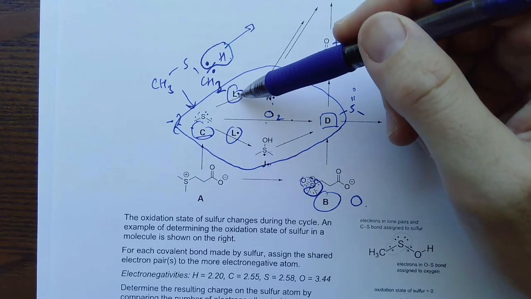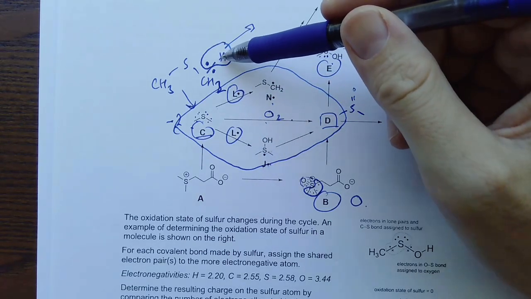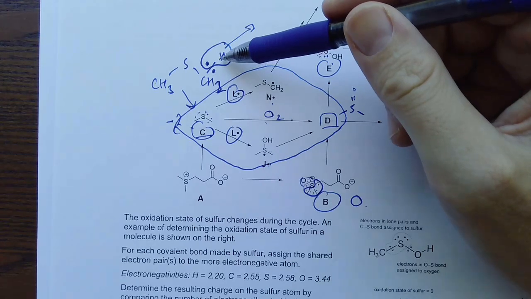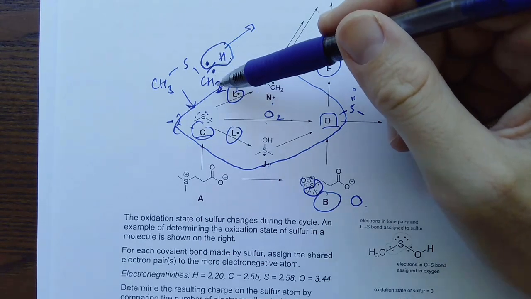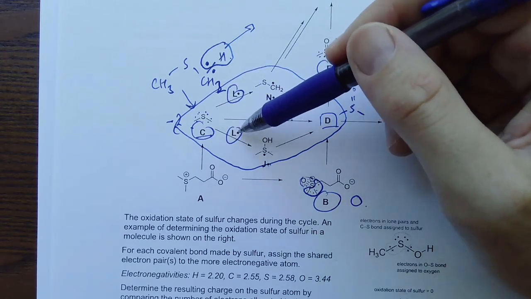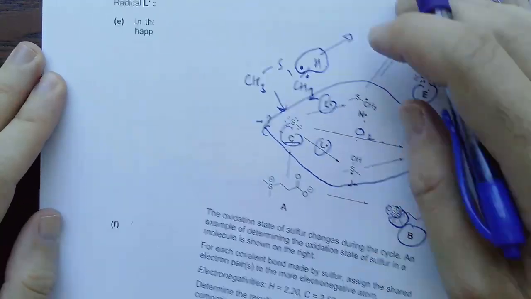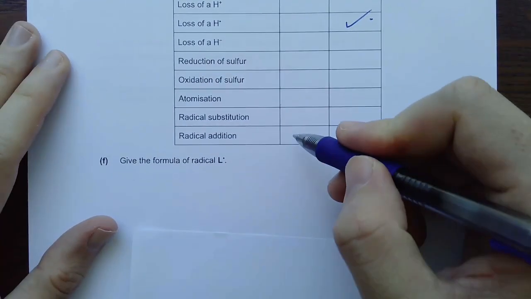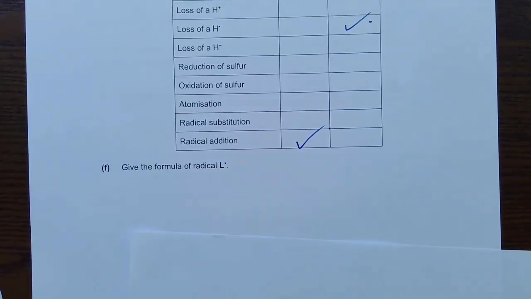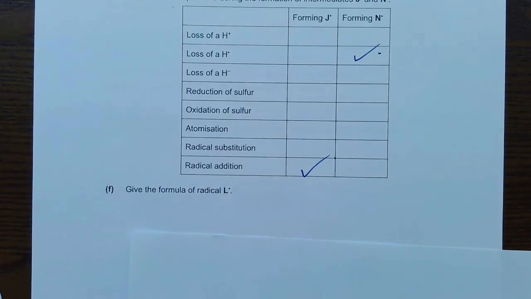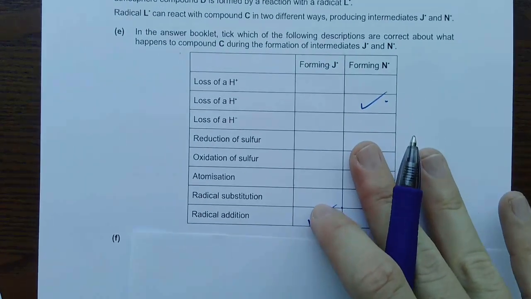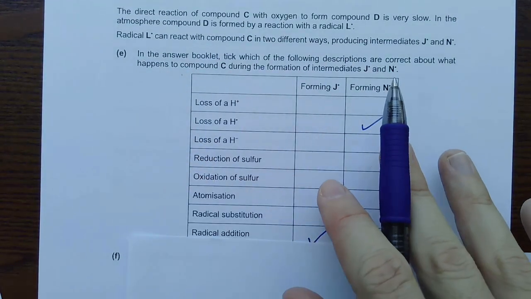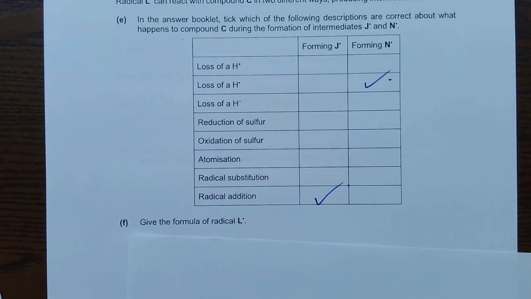So here, this radical has removed a hydrogen atom to form a radical. Here, the radical is being added on to form a new radical. So this has to be radical addition. Now, the last thing you need to do is double check if any of the other options apply, since it doesn't say there's only one for each.